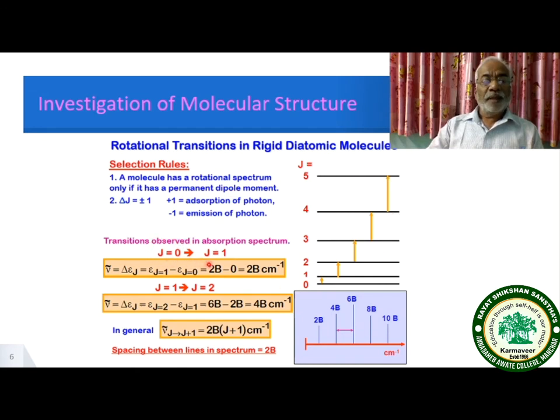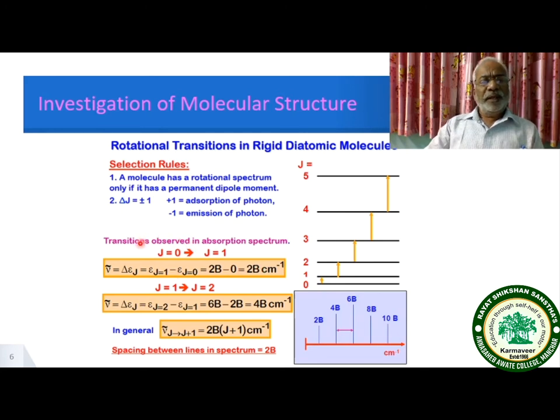So see here, when delta J is equal to plus 1, the molecules get excited from J equal to 0 to J equal to 1, from J equal to 1 to J equal to 2, from J equal to 2 to J equal to 3. And what should be the energy difference? It can be evaluated.